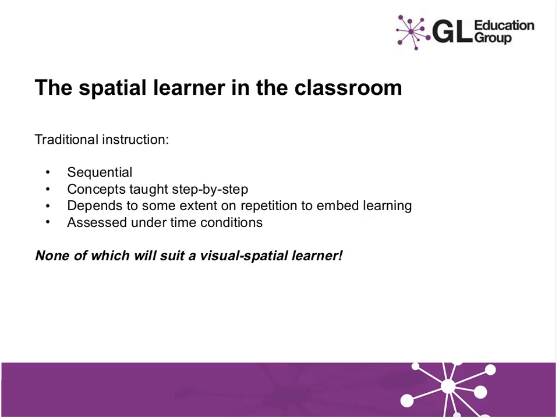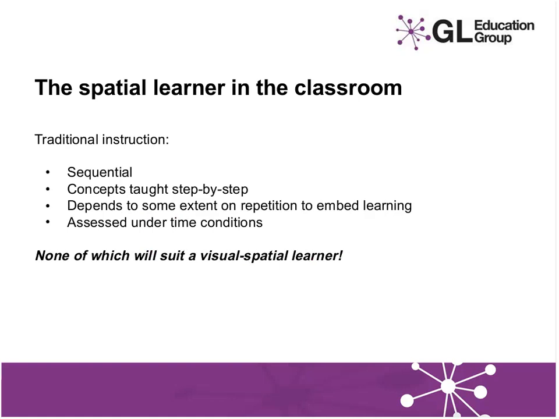The traditional way of teaching in a classroom is quite sequential. Concepts tend to be taught step by step. You may depend to some extent on repetition to embed learning within the classroom, and quite often you may assess under time conditions. This approach will not necessarily suit a visual spatial learner.